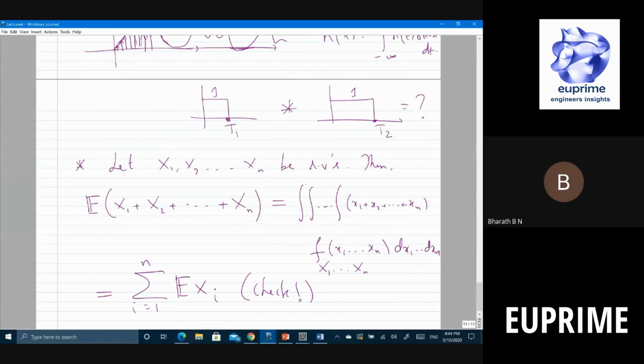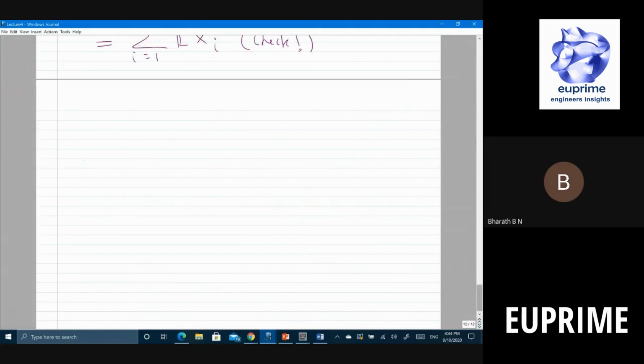But you can integrate the density function with respect to x2 till xn, and then use the property that, for example, the integral of f of x,y dy is f of x of x, right? If you integrate with respect to one variable, that variable will vanish. So use that here. Okay. So let's look at a few other things.